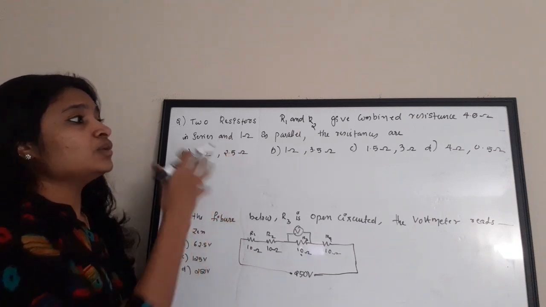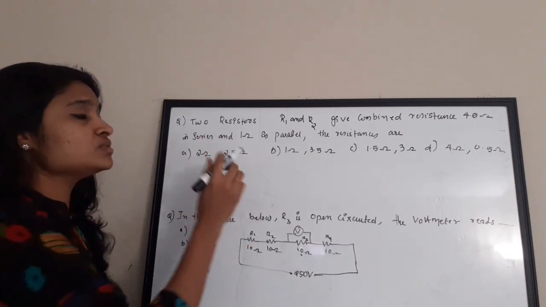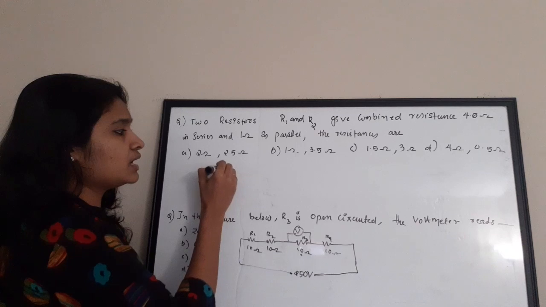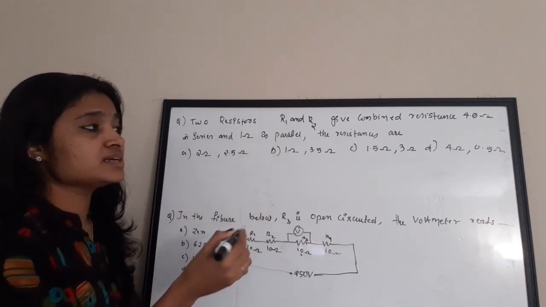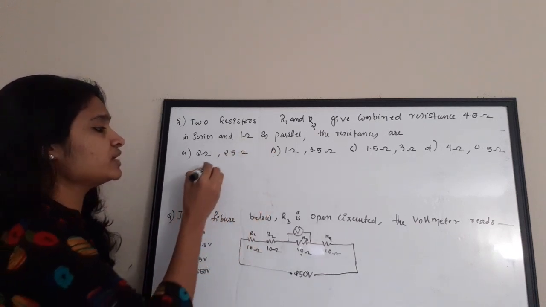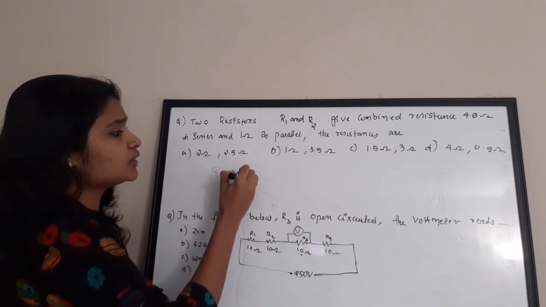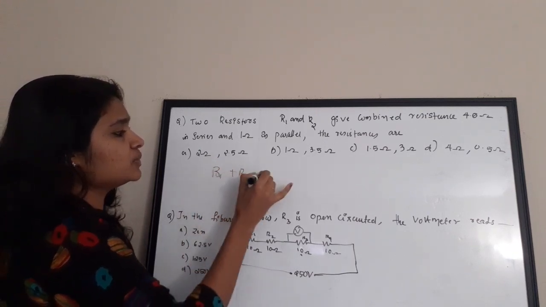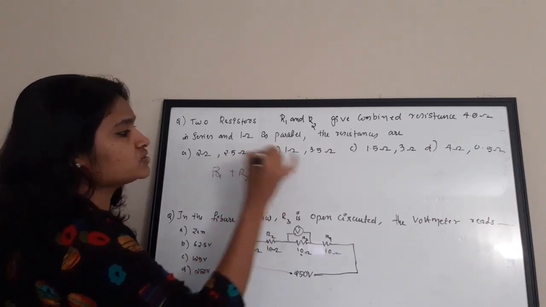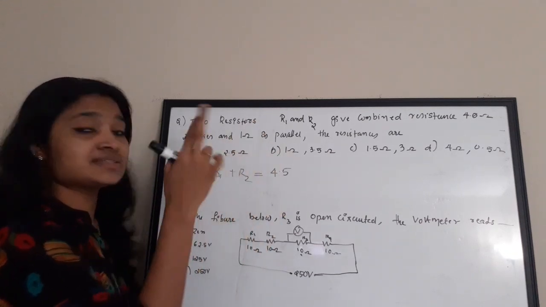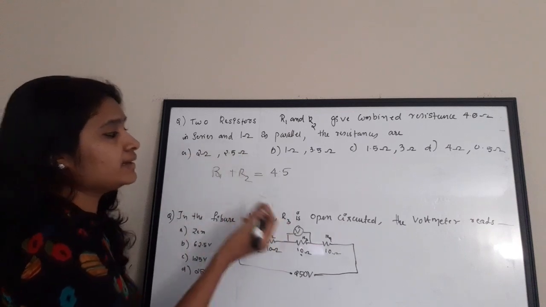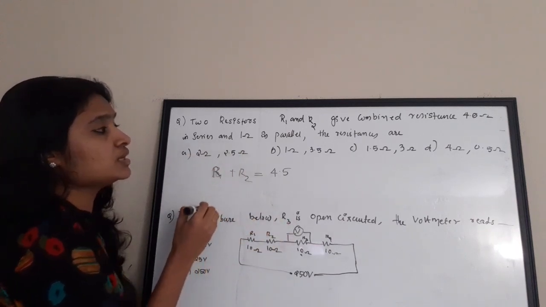Now, how to solve this question, I'll tell you. So, what is the value being given? R1 and R2 give a combined resistance of 4.5 in series, which means you can write R1 plus R2 is equal to 4.5, right? Series resistance means the sum. Now, in parallel, they give 1 ohm.